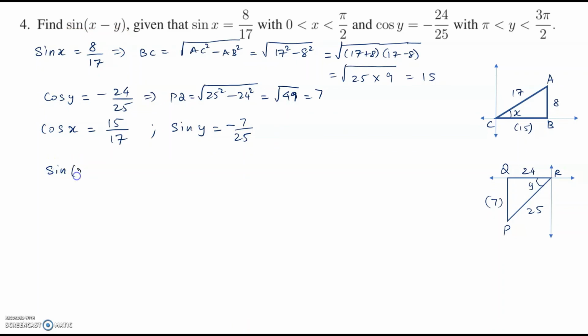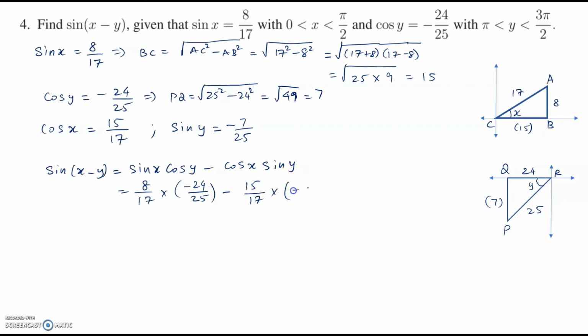So sine x minus y is equal to, the formula for this is sine x cos y minus cos x sine y. So substituting the values, we have 8 by 17 into cos y is minus 24 by 25 minus cos x is 15 by 17 into sine y is minus 7 by 25.